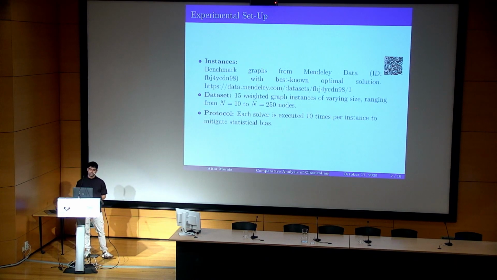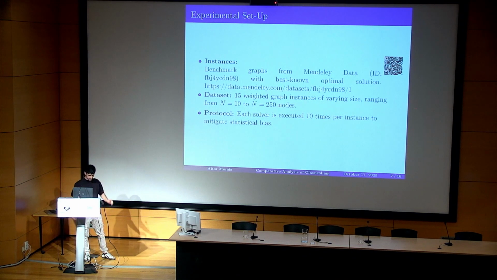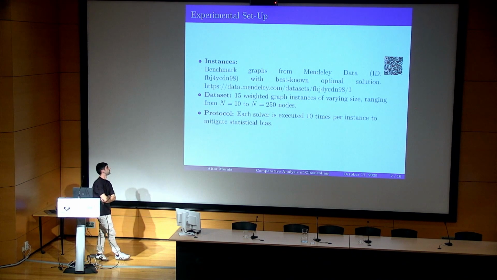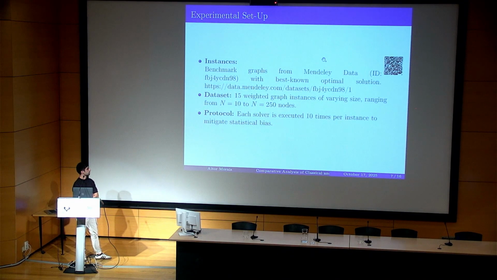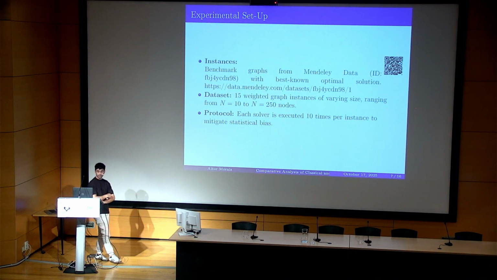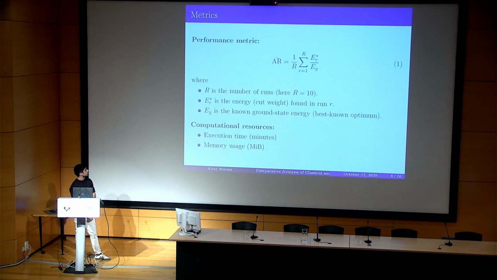For our experimentation, we use a dataset that is publicly available. This dataset contains 15 weighted graphs, ranging between 10 and 250 nodes. And we run each solver 10 times to mitigate statistical bias. We record some metrics.